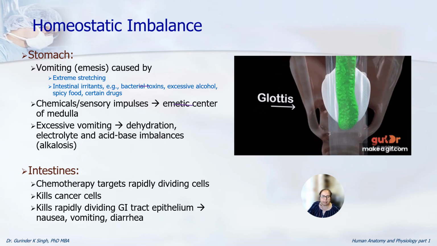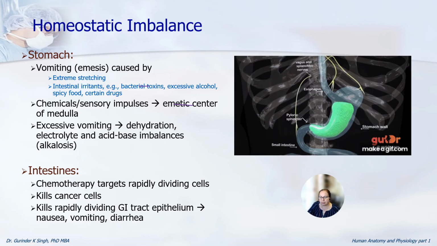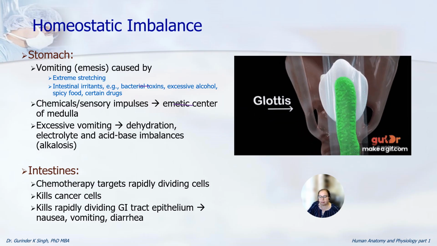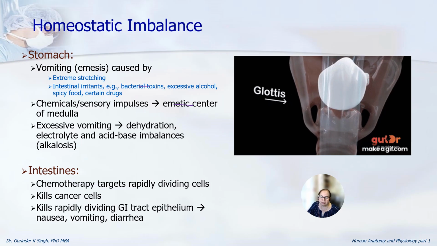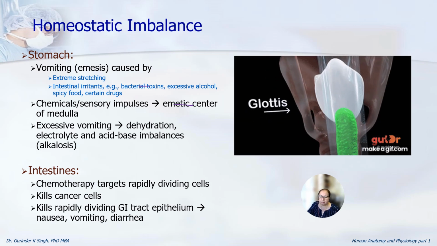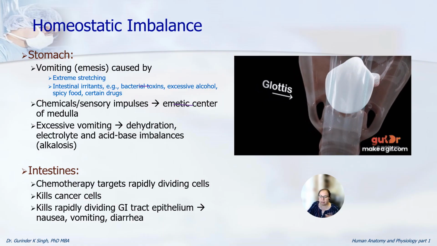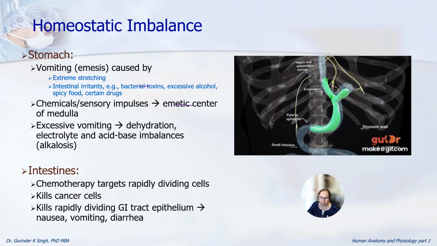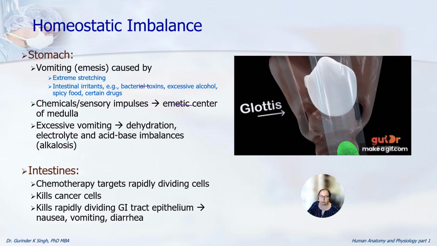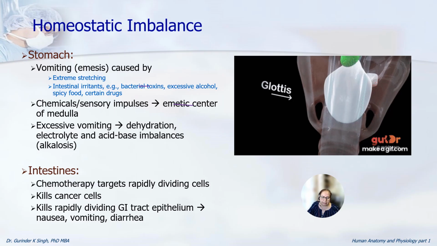The intestinal imbalances can happen if you have a condition like chemotherapy for cancer treatment, because chemotherapy typically targets actively dividing cells, and as we mentioned, in the crypts of the intestine the cells are changed every 3 to 4 days, so those cells do not get renewed, they die, and that's why chemotherapy has side effects. People will have vomiting, nausea, diarrhea, etc.